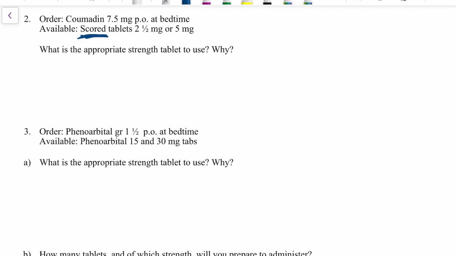Available to me is 2.5 milligrams per tablet, and I have ordered 7.5 milligrams. How many tablets? So I'm going to cross multiply, and I get 2.5x equals 7.5, so x is 3.